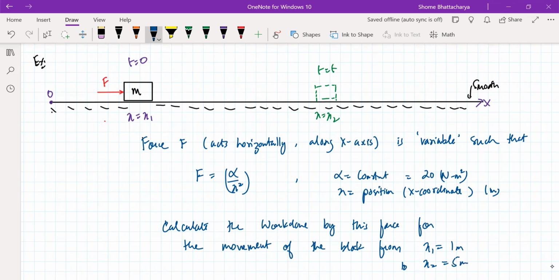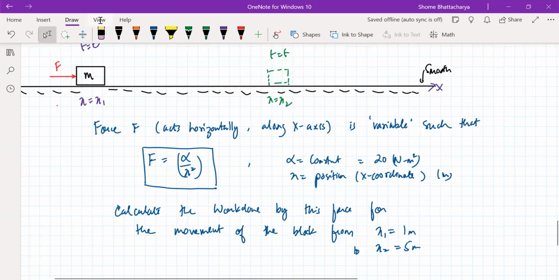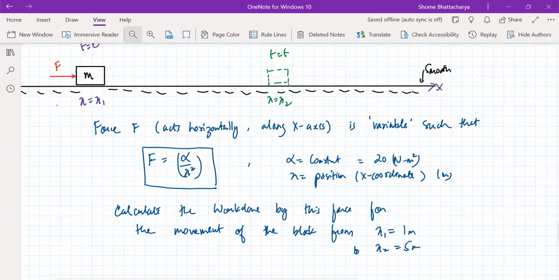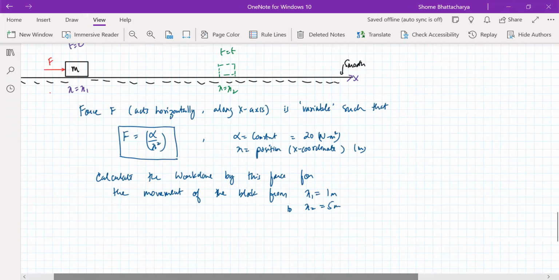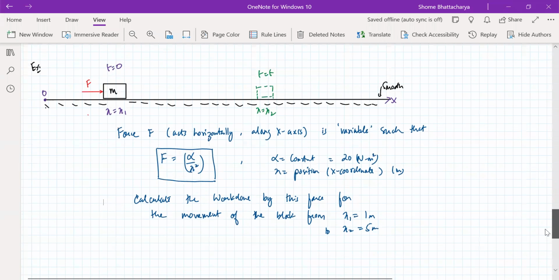So as the block is displaced from the coordinate of 1 meter to the coordinate of 5 meter under the action of this type of a force which is varying with the x coordinate such that it's inversely proportional to x square, we have to calculate what will be the work done by this force. So this is now an example where we will have to apply the general definition of work done by the integration method, because the force is variable. So just try this out, people.